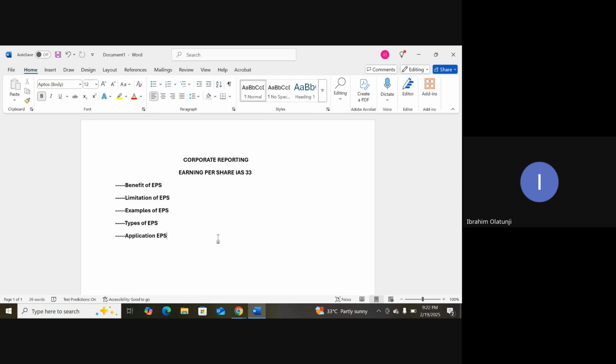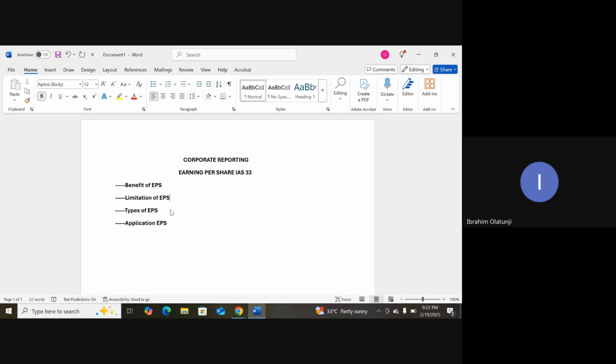So these are the types of earning per share: basic earning per share and diluted earning per share. And the last one is the application, how we are going to apply it.